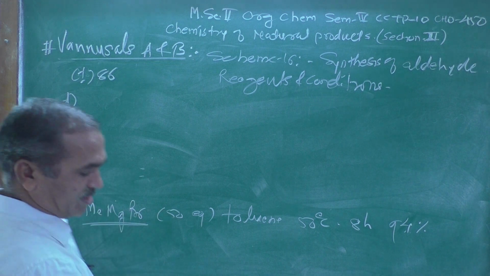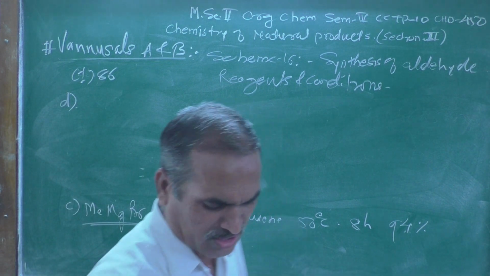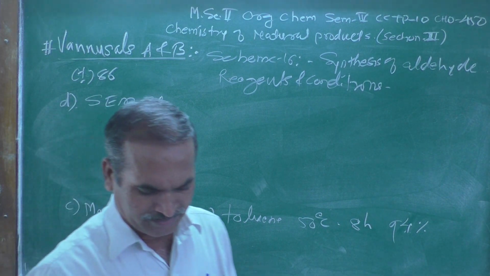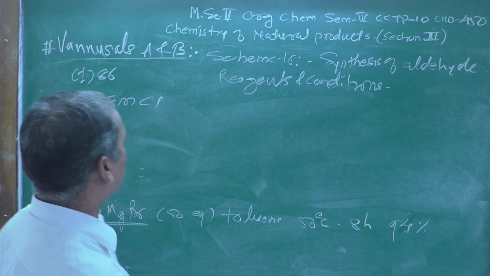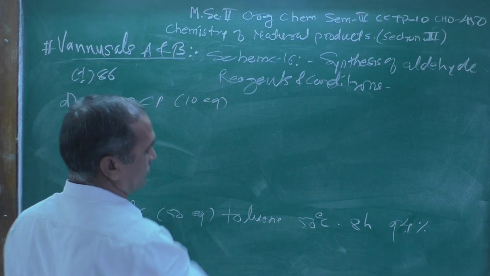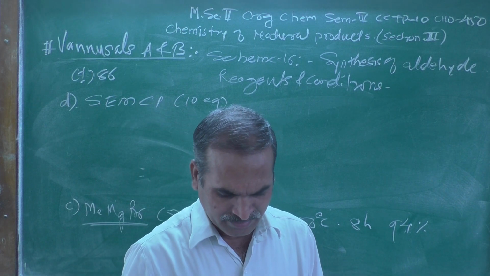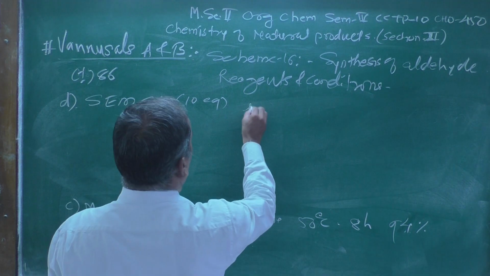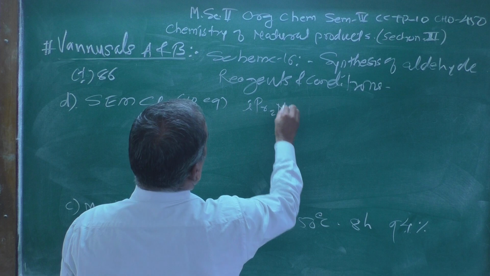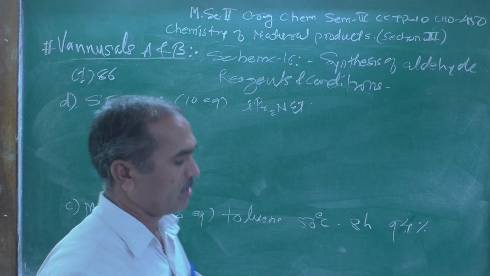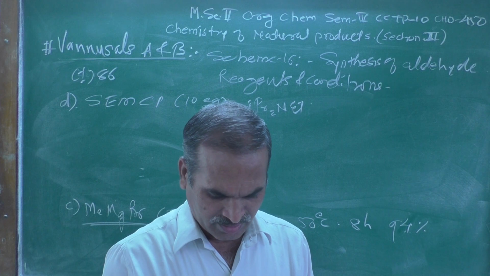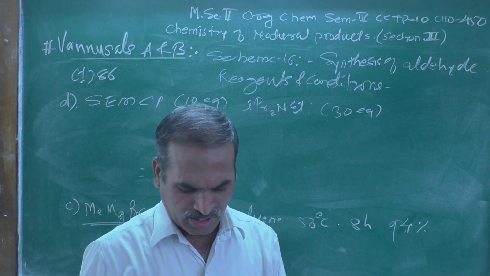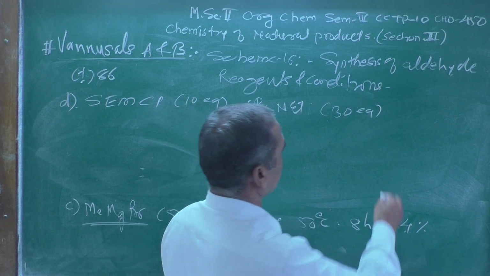The D reagent is SEM chloride, which was taken near about 10 equivalent, and further the iPr2NEt, that is diisopropylethylamine, which was taken around 30 equivalent.